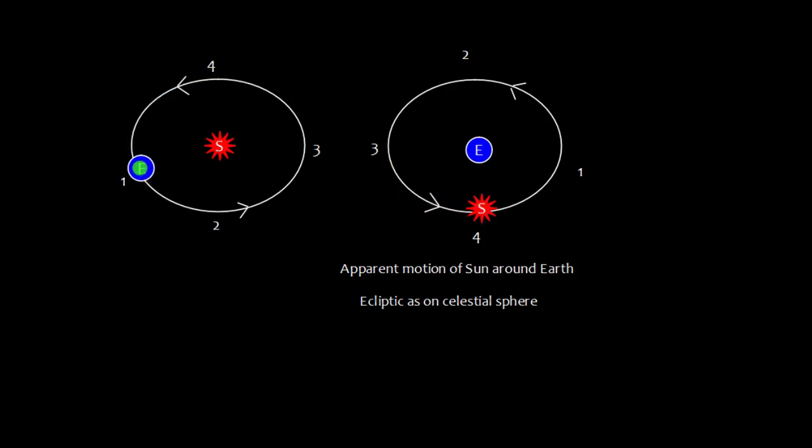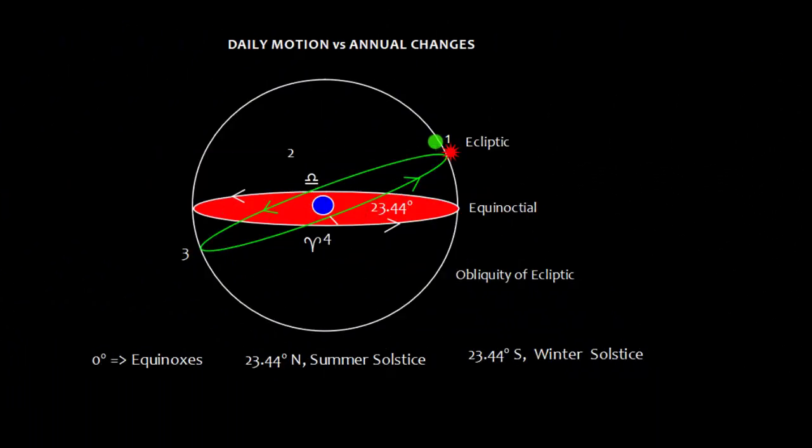By the way, as the Earth rotates like this around the sun, the sun will also appear to be rotating around the Earth in an elliptical orbit. And this motion can be explained here. Suppose sometimes the sun is here, sometimes here, sometimes here, sometimes here. So here at point number 1 is the summer solstice.